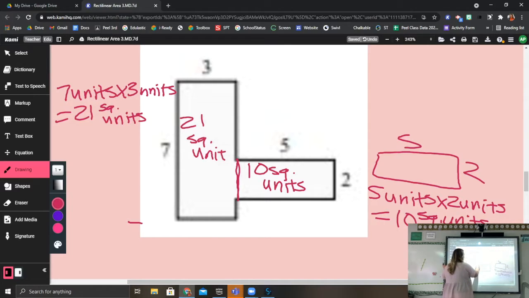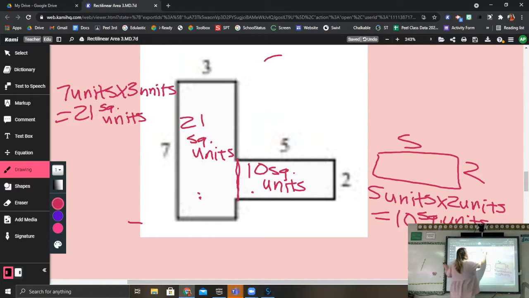Now we have to ask ourselves, if this rectangle is 21 square units and this rectangle is 10 square units, how are we going to find our answer? How are we going to combine them? Wait, I just heard the word combined. We've been working word problems, and we know that when we see the word combined, it means that we're going to be adding them together. So we're going to add our 2 areas together.